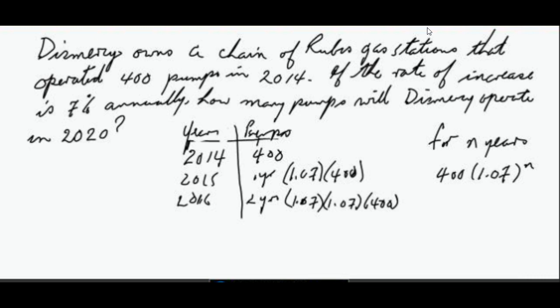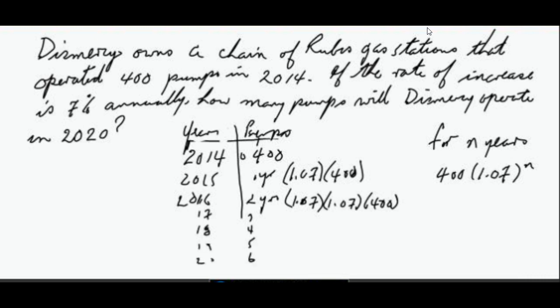So 2014 is year 0, 2015 is year 1, 2016 is year 2, 2017 is year 3, 2018 is year 4, 2019 is year 5, 2020 is year 6.